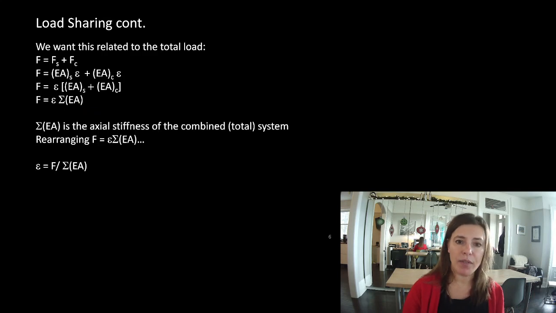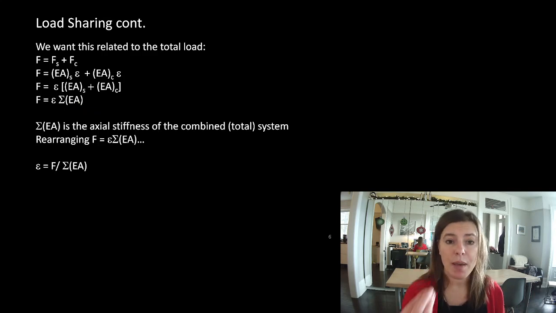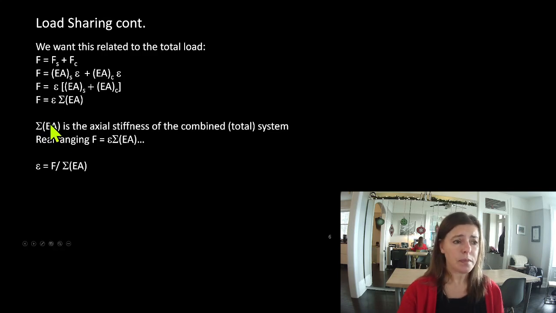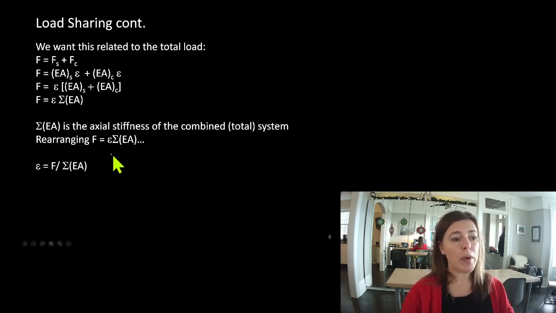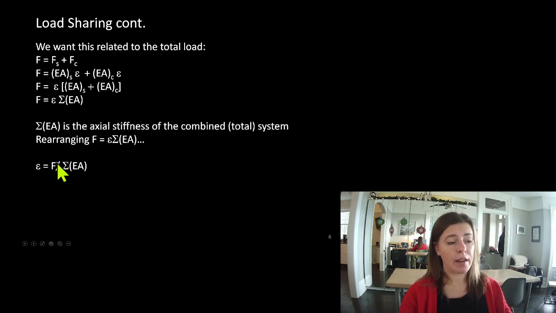Some component of it is based on the material, some component of it is based on the amount of the material. So the sum of EA is the axial stiffness of the combined system, or the whole system. So if we rearrange this, the strain is the total force divided by the sum of the EAs.